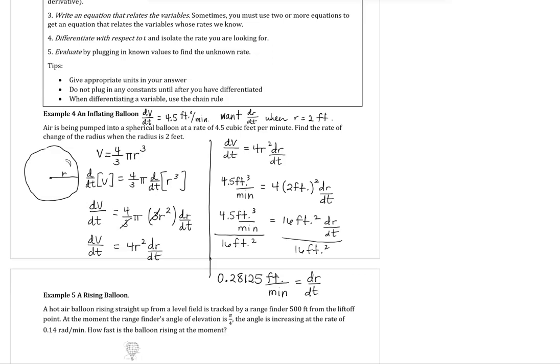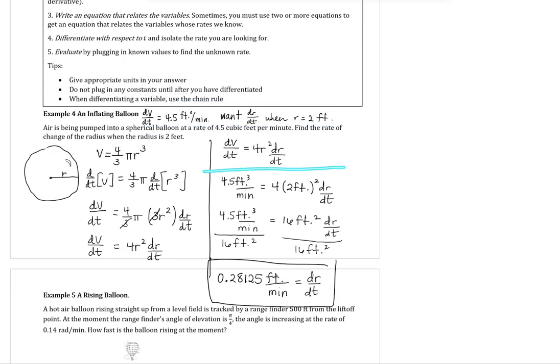We're talking about the rate of change of the radius, so it should be measured in singular units per measure of time. One thing I want to point out about this example is notice that we did not plug in any of this numerical information until after we had taken the derivative.